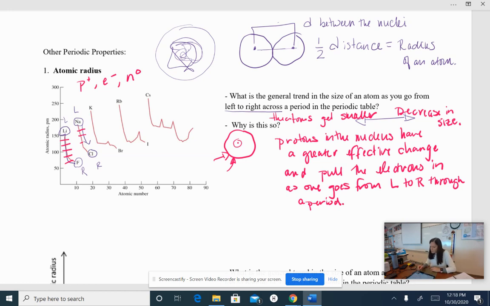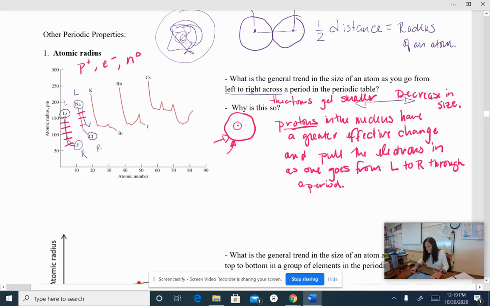The protons are able to pull those electrons in because all those electrons are going in on the same energy level, and the protons are much closer packed than the electrons are. So the protons have a better effective charge to pull those electrons in.